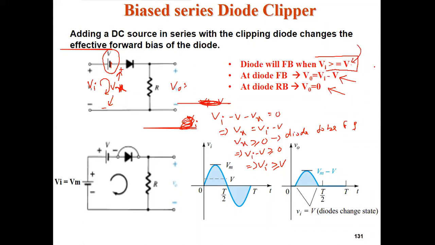So here the condition is the first line, Vi greater than or equal to V, which is the condition for checking forward bias.